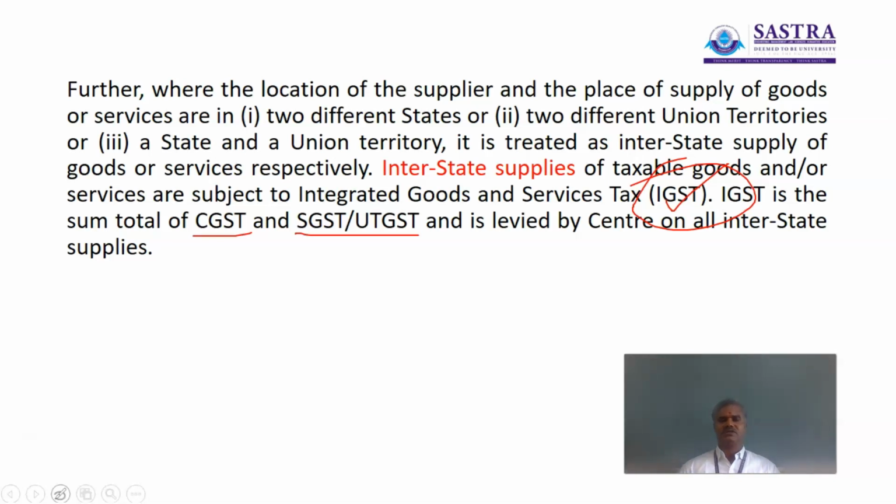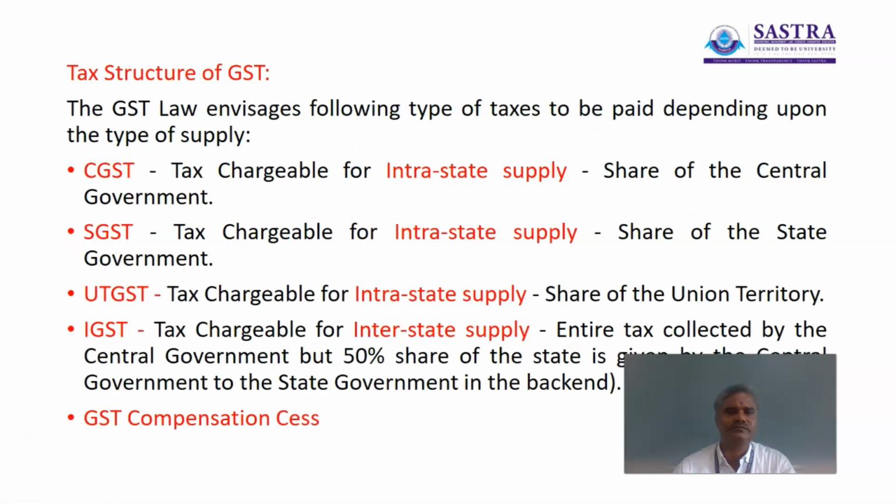They are called the tax structure, my dear. Tax structure of GST. The GST law envisages the following types of taxes to be paid depending upon the type of supply.